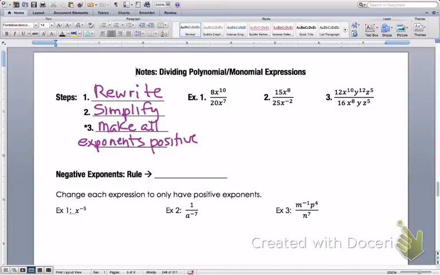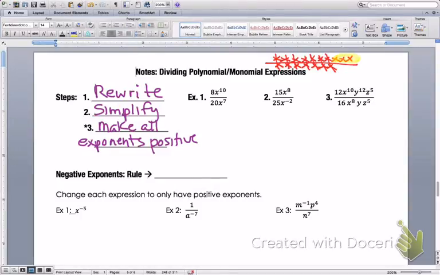All right, so for number 1, we want to review it as a recap, remembering that the rule is when we have a division of the same variable, we do the shortcut, which is subtracting the exponents. Remember, if I have 10 x's on the top, and then I divide by 7 x's on the bottom, seven pairs will cancel out, which means I will have a total of 3 left over.